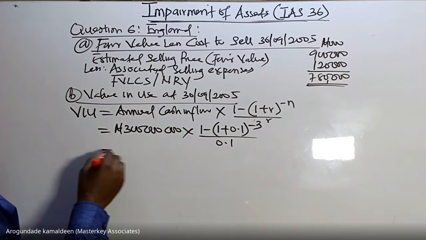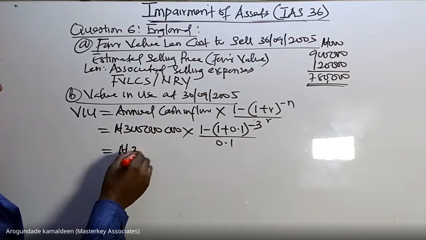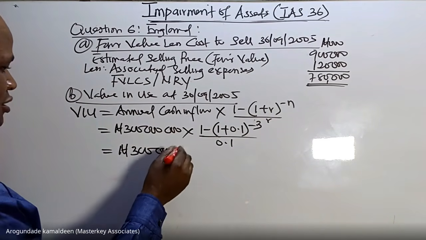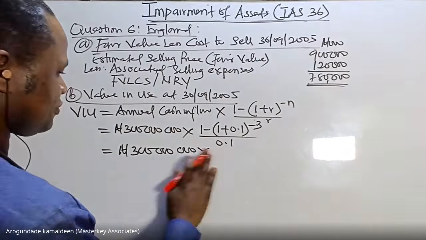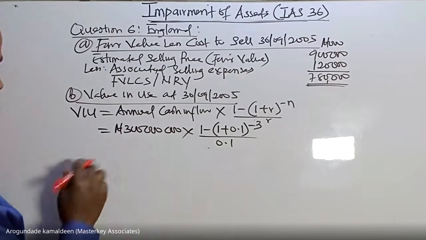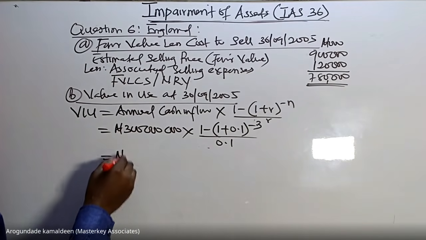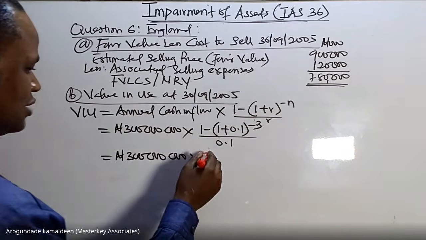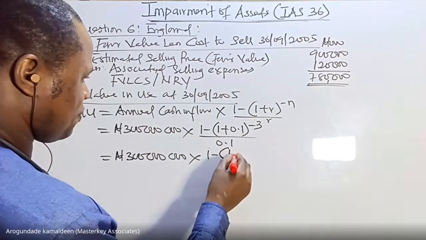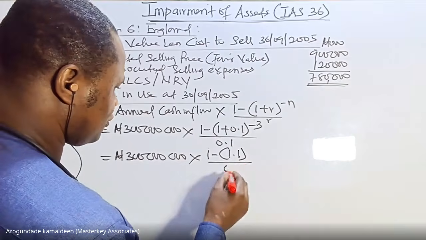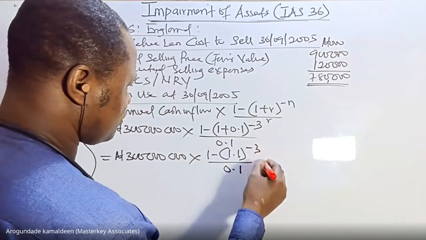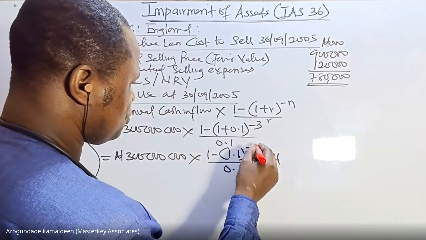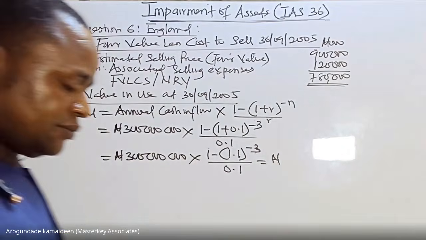Here I have 300 million times 1.1. From this now, you should be able to find your way.